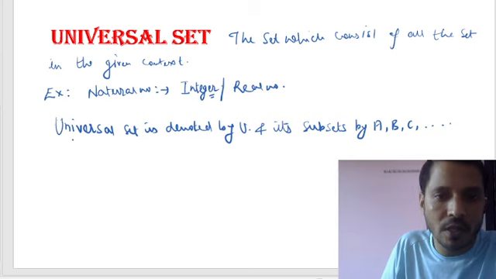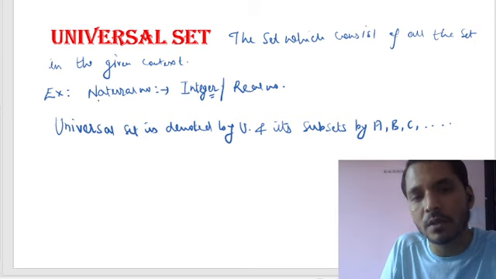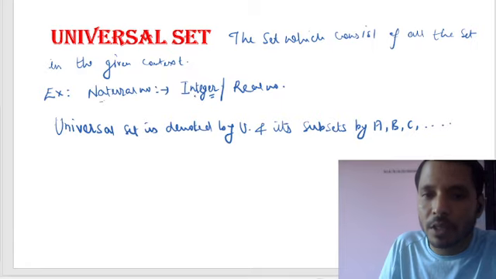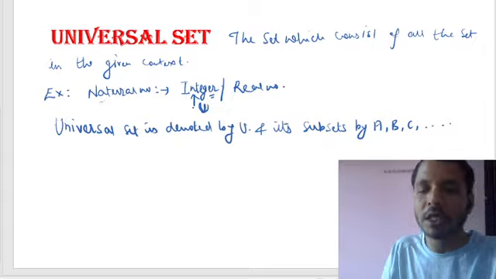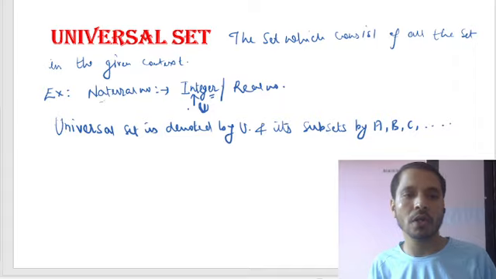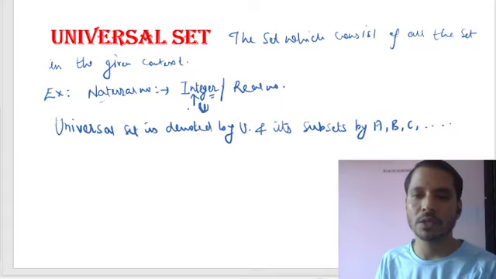Like here we are seeing natural numbers, so natural numbers will be represented by A, B, C or any capital letter. But if integers are the universal set for the natural numbers, it will be represented by U. So U means the universal set that consists of all the other sets.